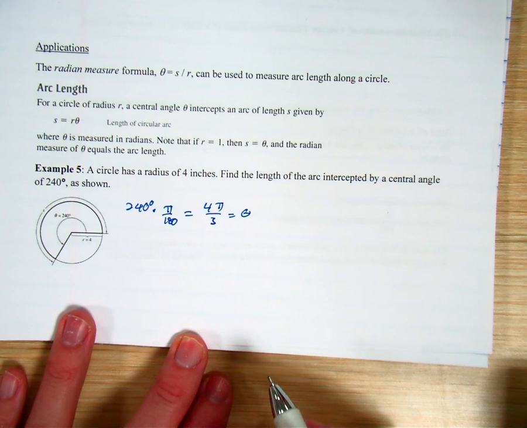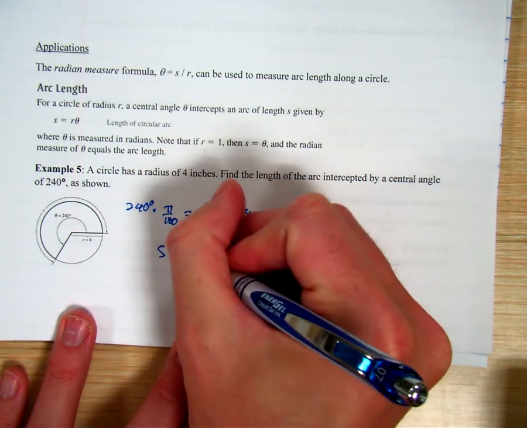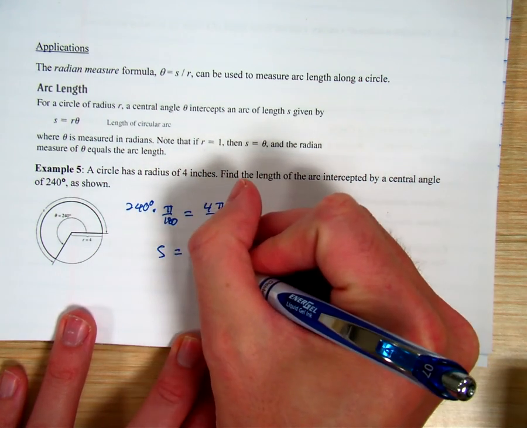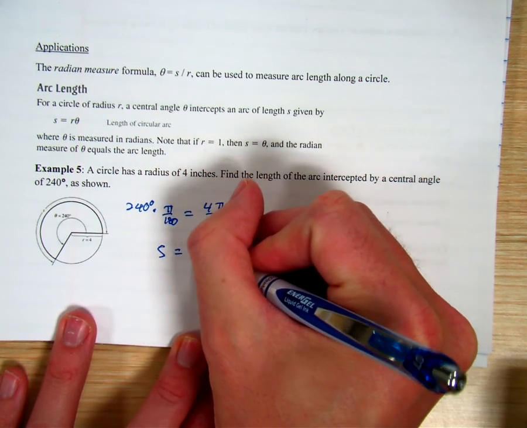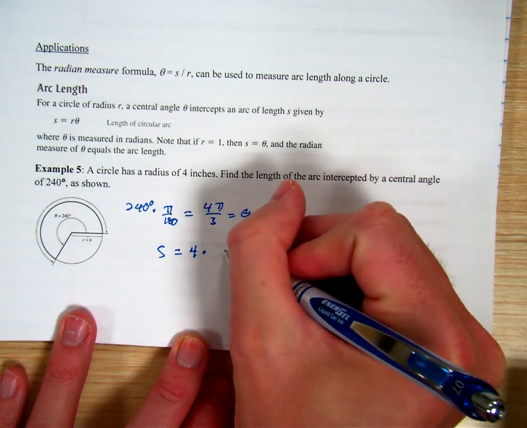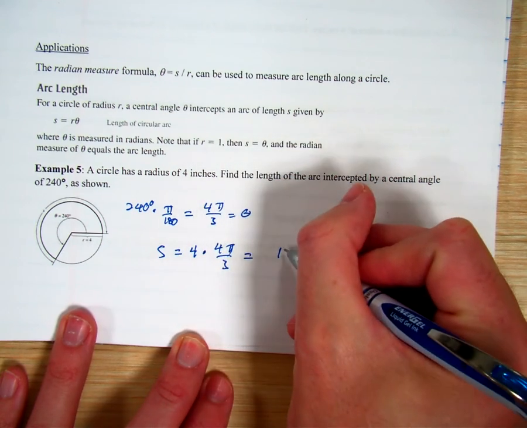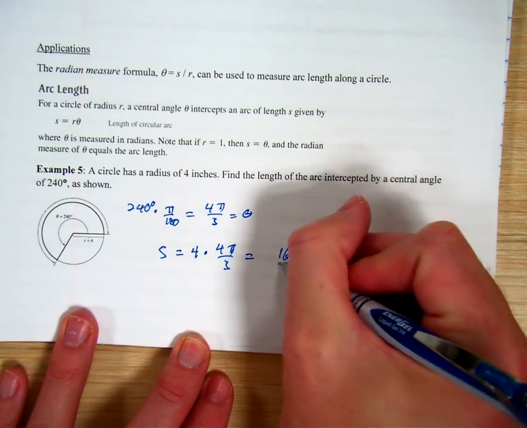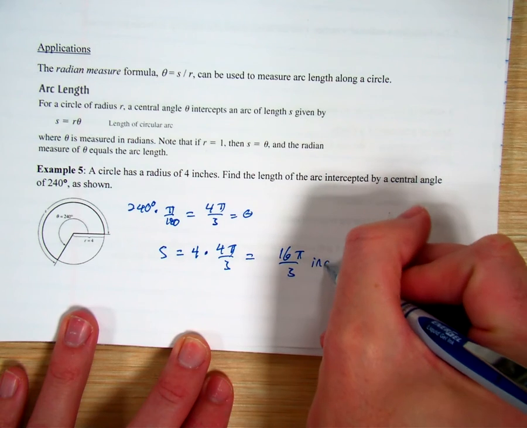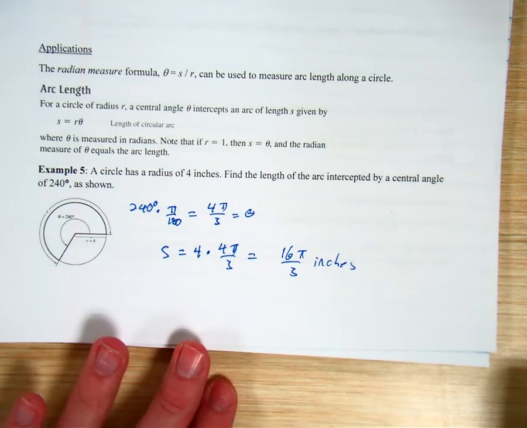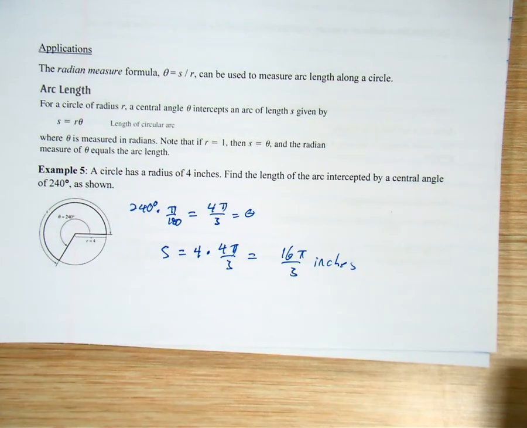Okay, so arc length equals radius times theta, 4 pi over 3, and we'll leave it as a fraction, 16 pi over 3 inches. 16 pi over 3 inches there.